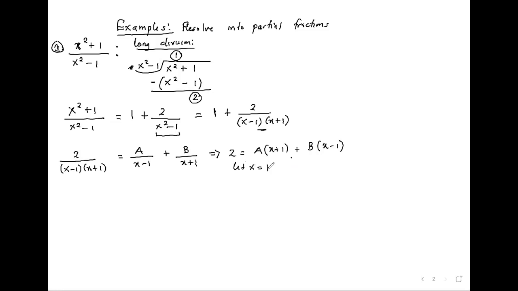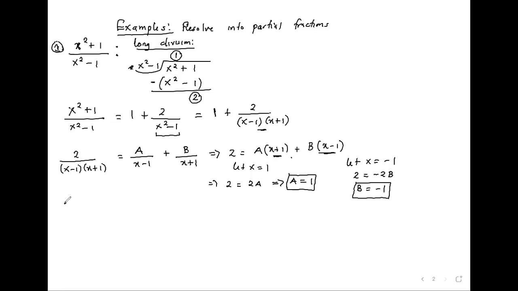So let x be equal to 1. Then we'll have 2 is equal to 2A, because this one will be 0. This is telling us that A is equal to 1. Again, let x be equal to -1. This will be 0. And then we'll have 2 is equal to -2B, so that B is equal to -1. So this is B, this is A. Then you substitute there.